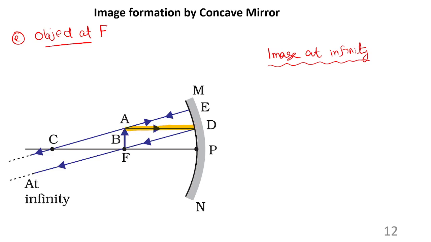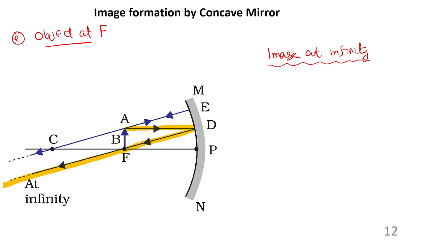This after reflection, parallel ray after reflection passing through the focus. So AB is there. A parallel ray is drawn, after reflection passing through the focus. I want one more ray.